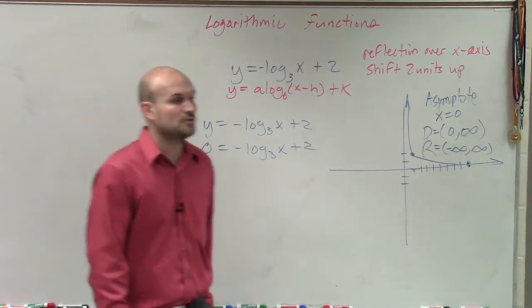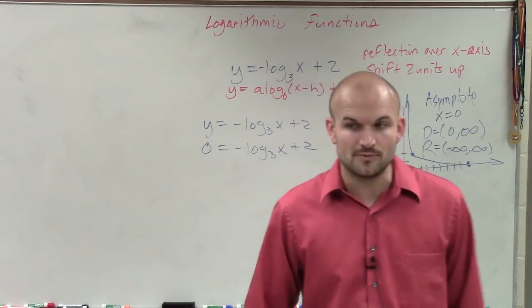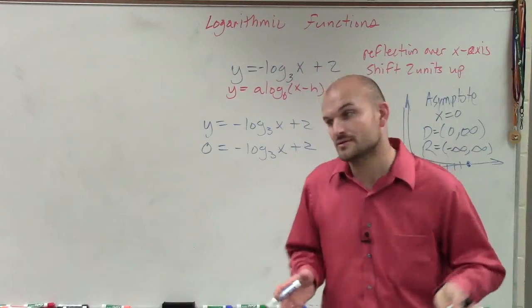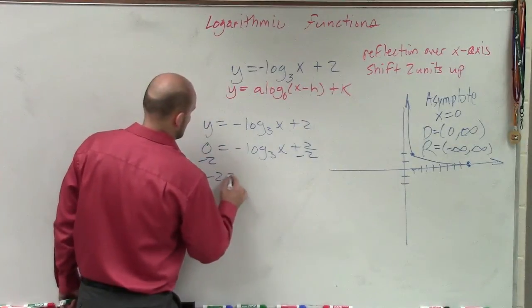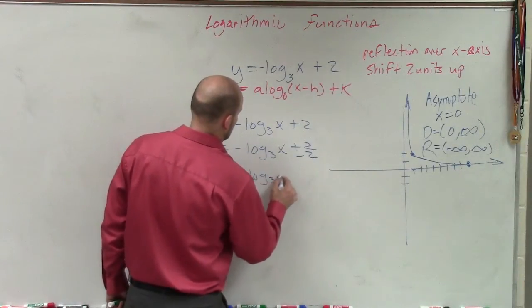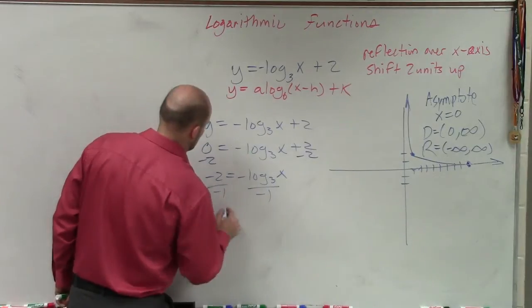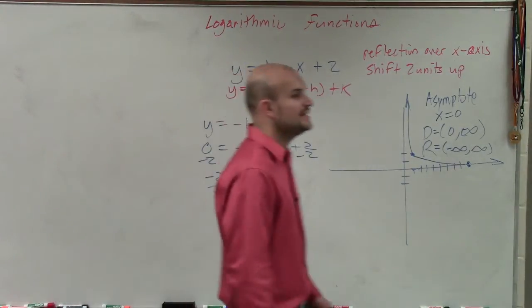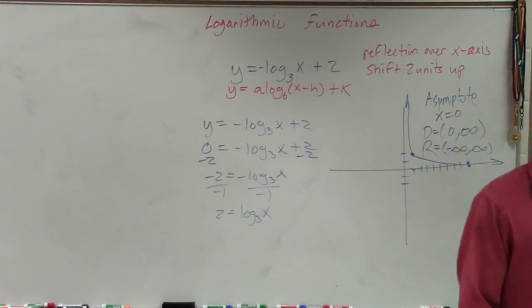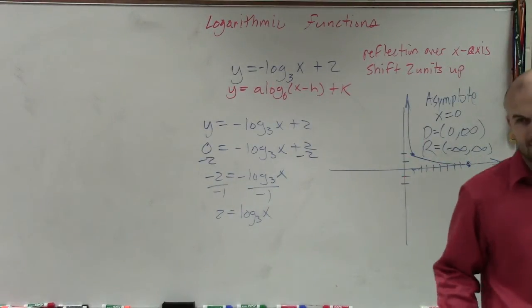Well, to solve logarithmic equations, what we're going to have to do is isolate our log. So therefore, I want to get the log all by itself. So now I have 2 equals log base 3 of x.